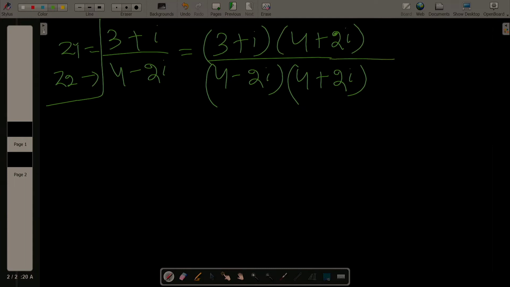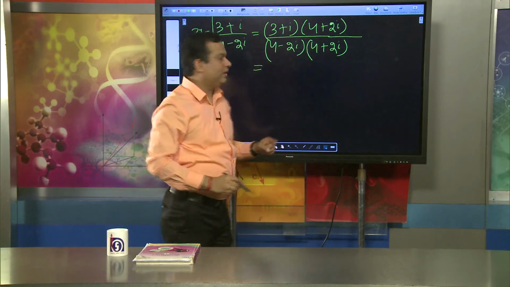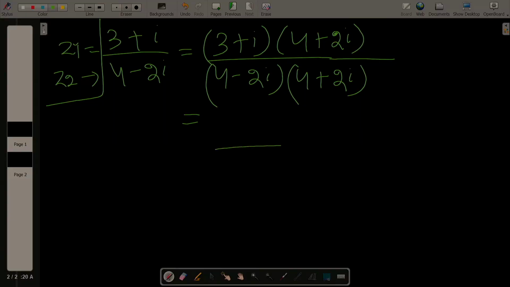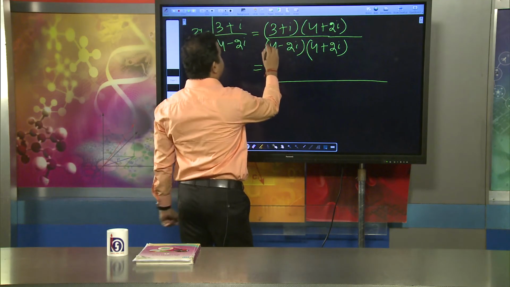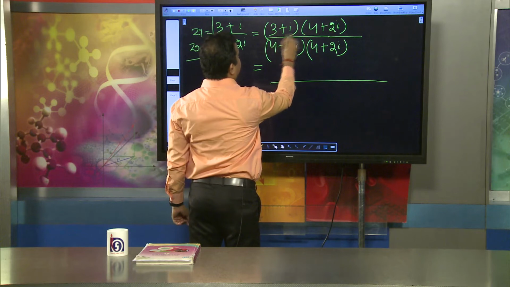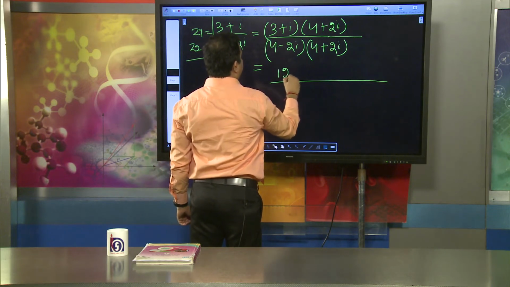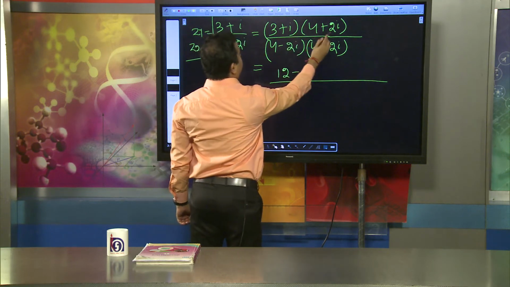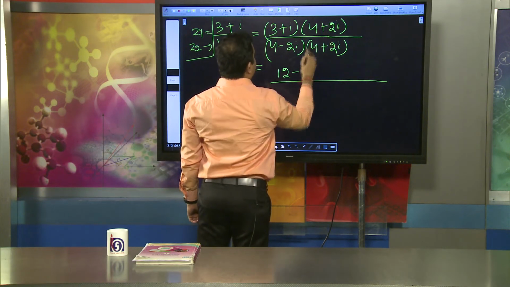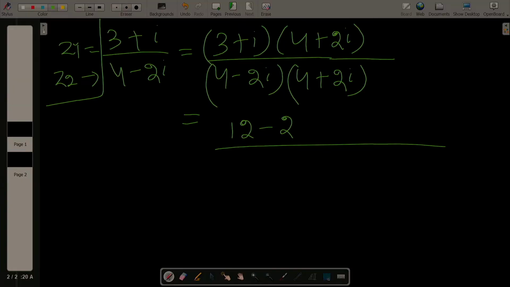Okay. Now what will you find? Just observe, it is the A plus Bi into C plus Di formula in the case of the numerator. That means AC minus BD. AC means 3 into 4, that is 12. BD means 1 into 2, that will be 2.